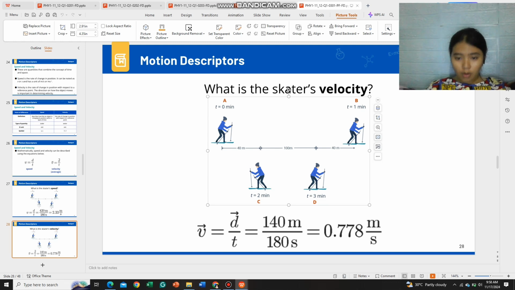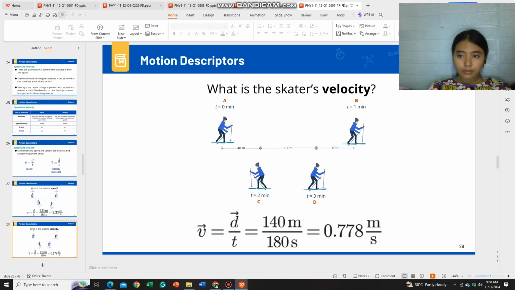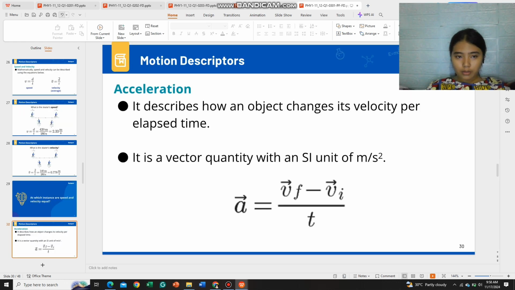So iyahang displacement kay 140 meters, iyang time kay 180 seconds. So with the total of 0.778 meters per seconds. So dili gid lahi ra gyud og kalabasan sa answer si speed og si velocity.